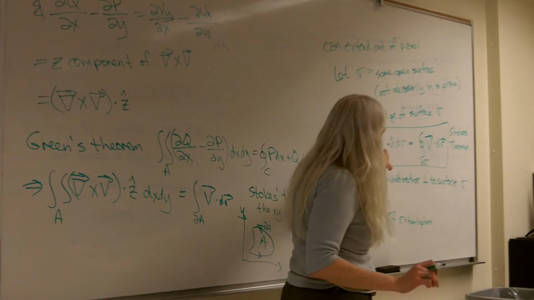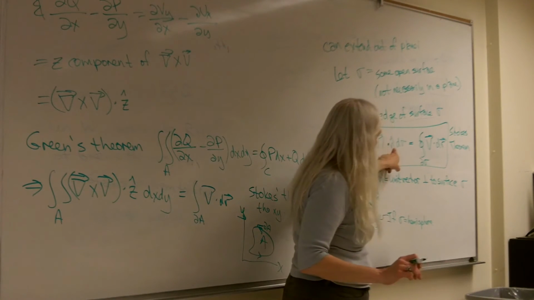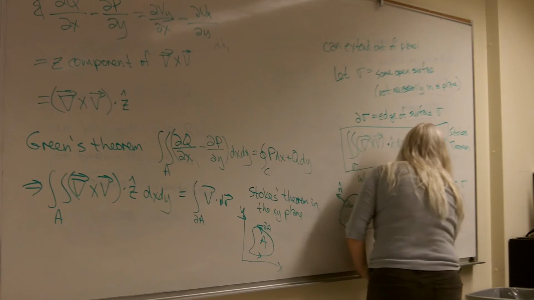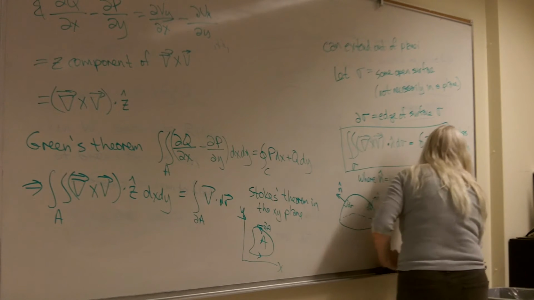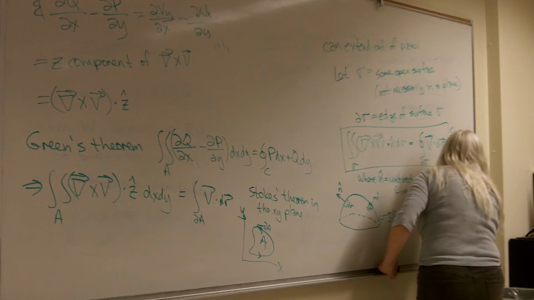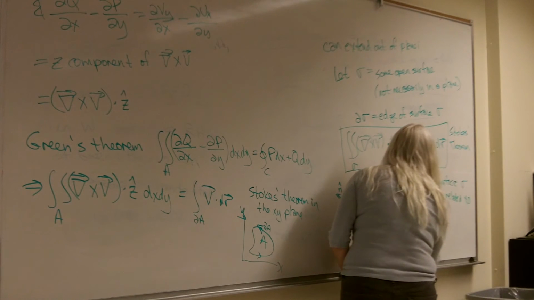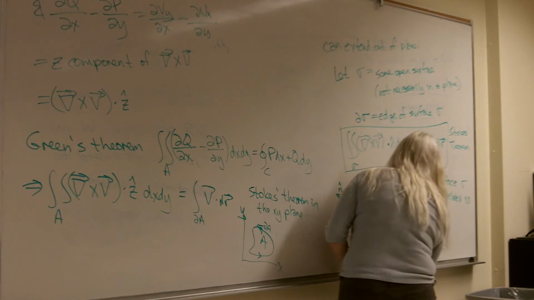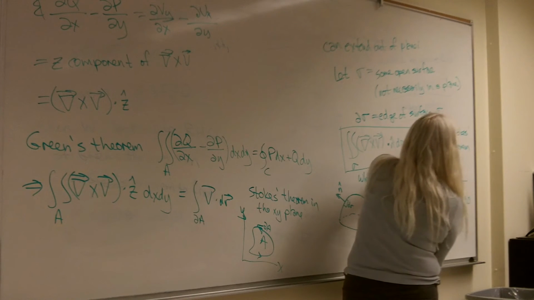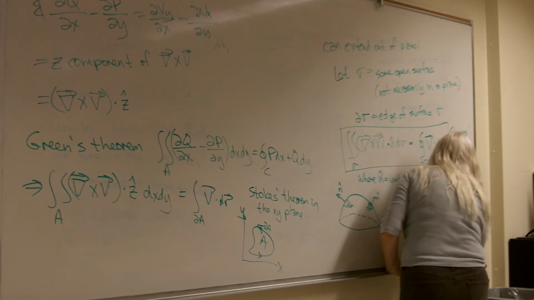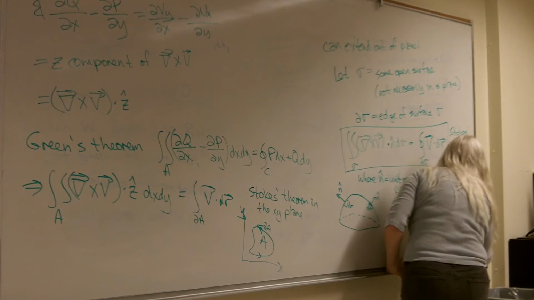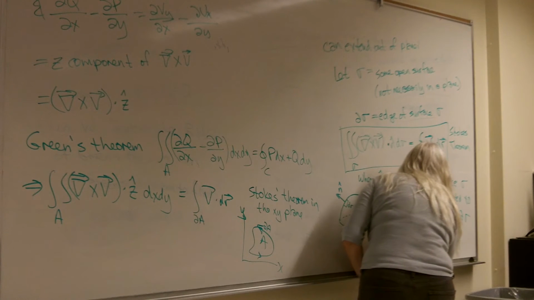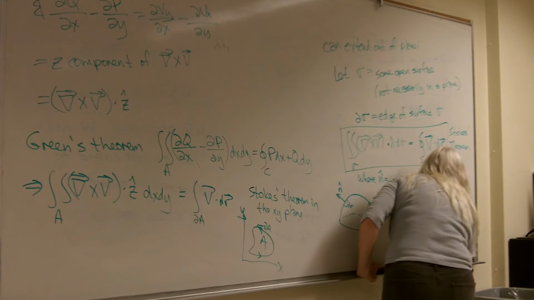The thing to remember, though, that's important, is that whatever direction I take n hat to be here, the direction of n hat has to be related to the direction that we go around the curve on the right-hand side by the right-hand rule.